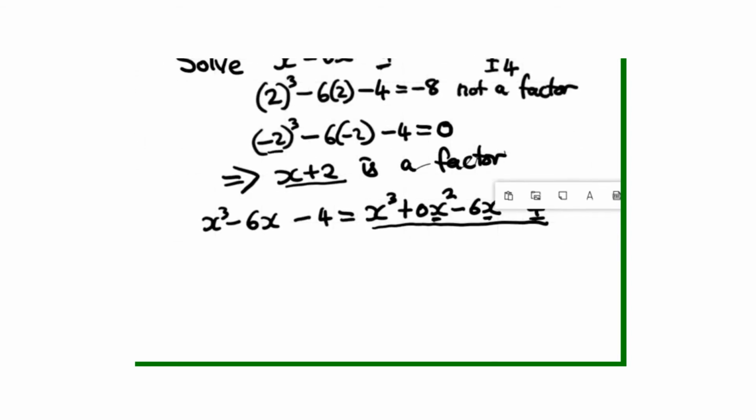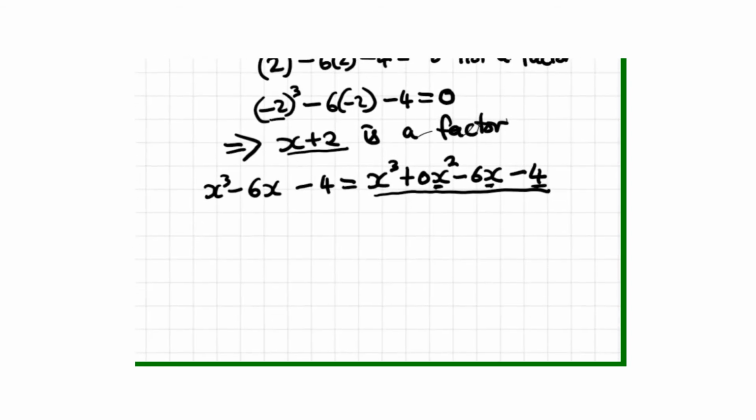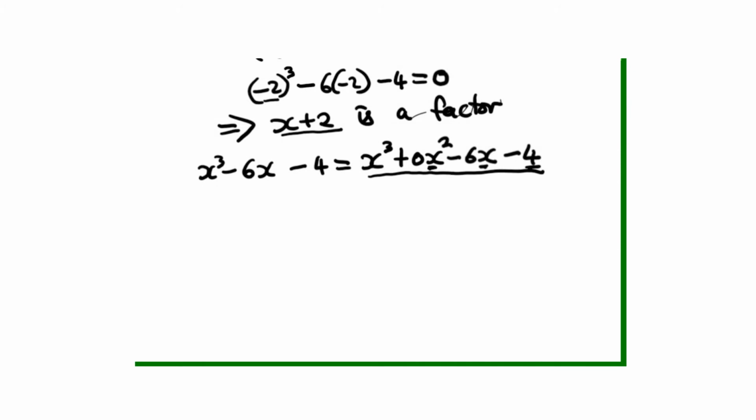So going forward, we now do the long division, which means here we are dividing x plus 2 into x cubed plus 0x squared minus 6x minus 4.